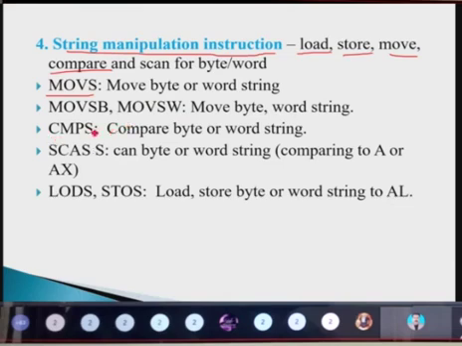Next is CMPS. Here it does the comparison of the byte or the word string using this CMPS. Next is SCAS. It scans a byte or word string; we are comparing to AL or AX. LODS or STOS means here we are loading or storing a byte or word string to AL.